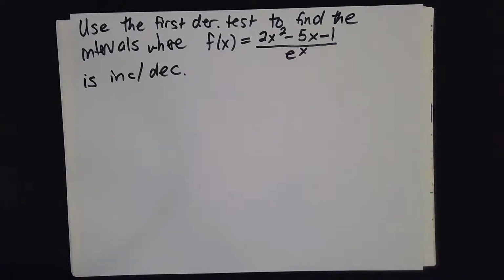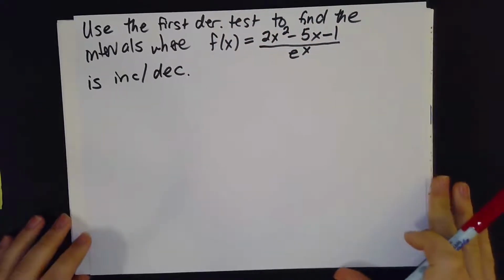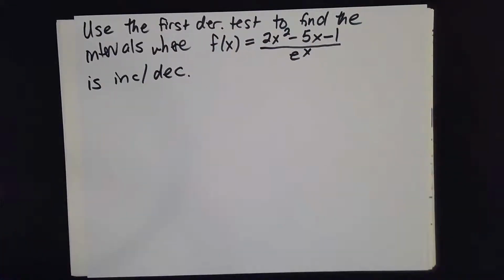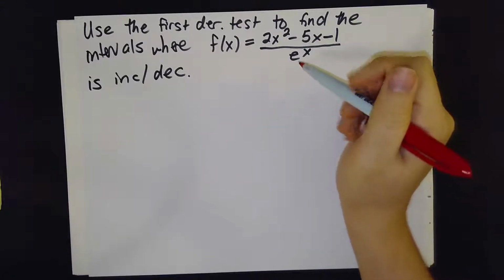Alrighty, let's go over this question. I would say overall, on the test, there were a lot more people who got confused about the first derivative test and how to write up solutions and what exactly an answer looks like than there were on the closed interval method. So I want to make sure we go over this carefully.